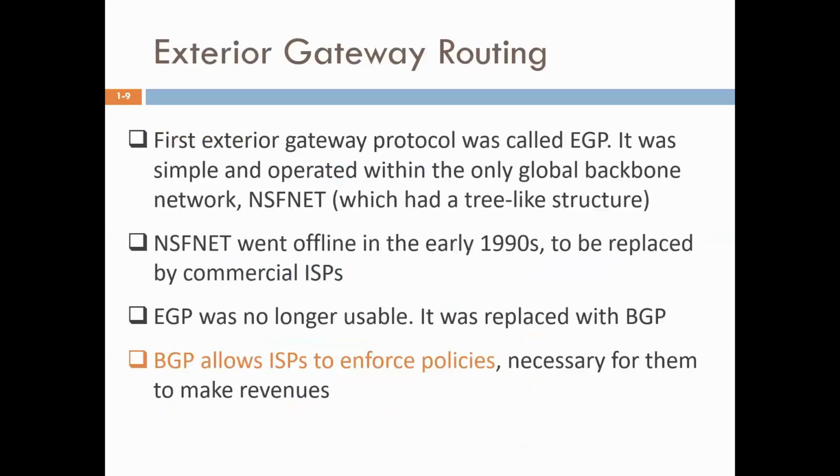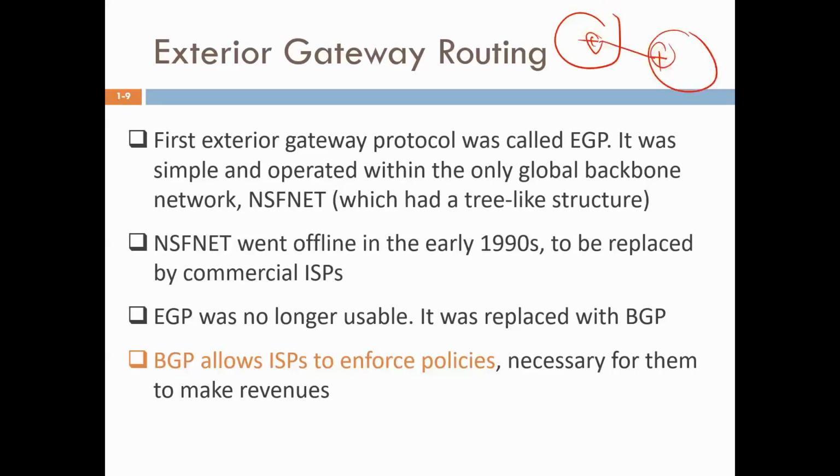Okay, so once you reach a border router in an ISP, how does it actually go to another border router in another ISP? We said that we don't use interior gateway protocols because one ISP will be owned by one administrative entity and another ISP will be owned by a different administrative entity.